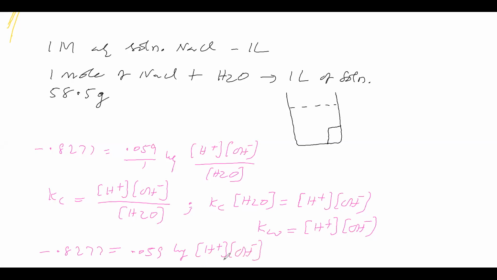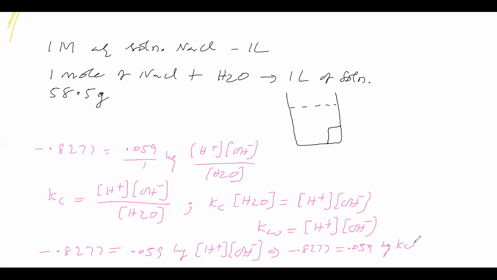We substitute concentration of H plus into OH minus as Kw, so we get minus 0.8277 equals 0.059 log Kw.